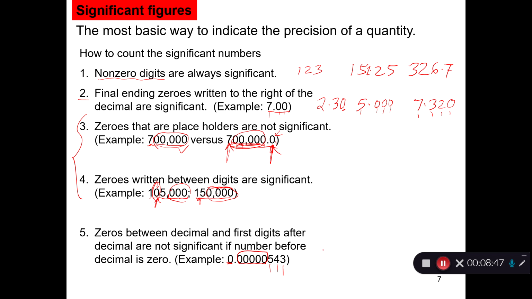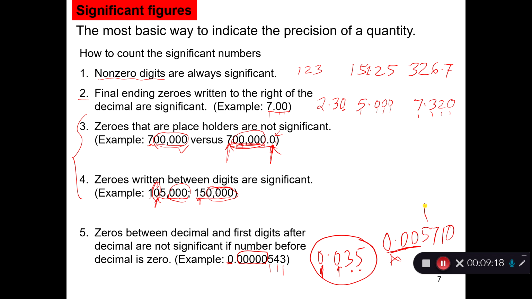So if I write 0.035, this 0 is not significant, this 0 is not significant, so only 3 and 5 are significant, so this number has only 2 significant figures. If I write 0.0057110, then these 2 zeros and the 0 in front are not significant, because before the decimal is just 0.